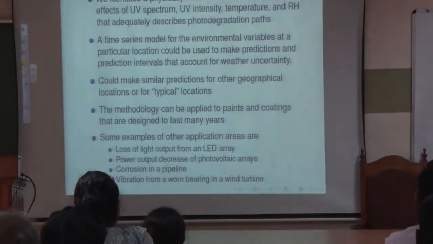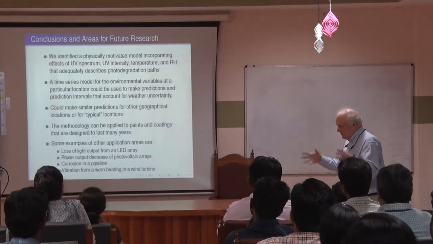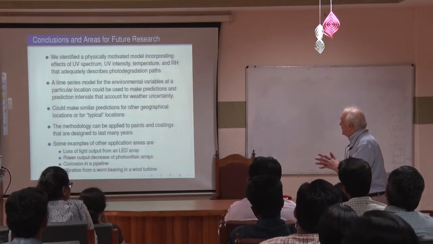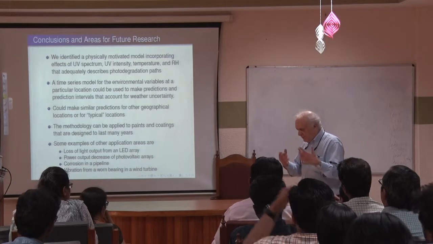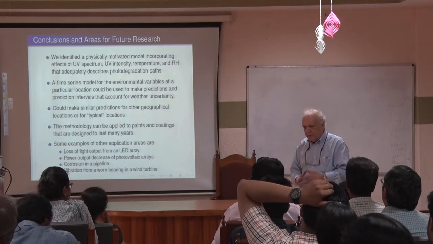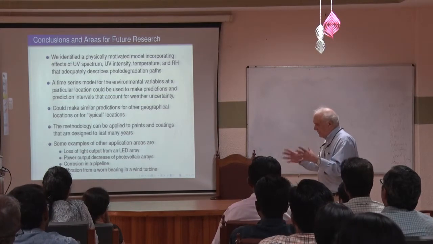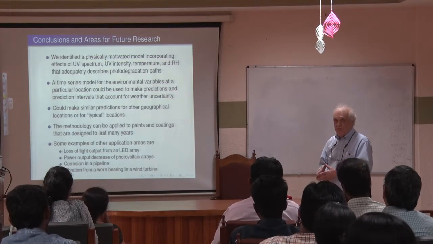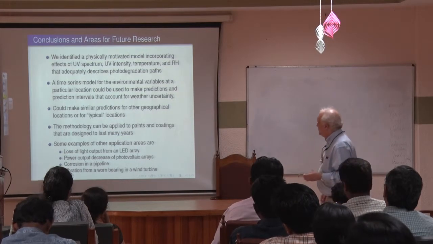Okay, so here's my concluding slide. What we did in this project was to take the data that the scientists at NIST collected, and we built up a model for the data based upon physical motivation and some of the ideas we learned about in the photo degradation literature, and put together this model that will predict lifetime as a function of these 4 factors: UV spectrum, UV intensity, temperature, and humidity.